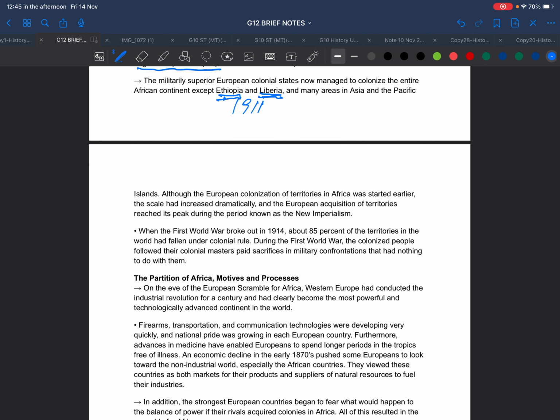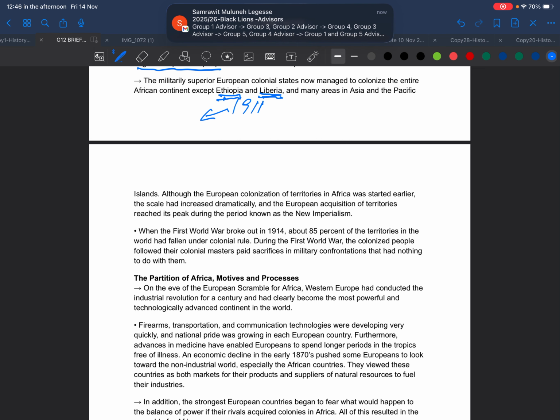Morocco, up until the French came to control it, was independent. So except these two or three countries, the entire African continent was totally colonized. Many areas in Asia as well, not only Africa, and the Pacific Islands.